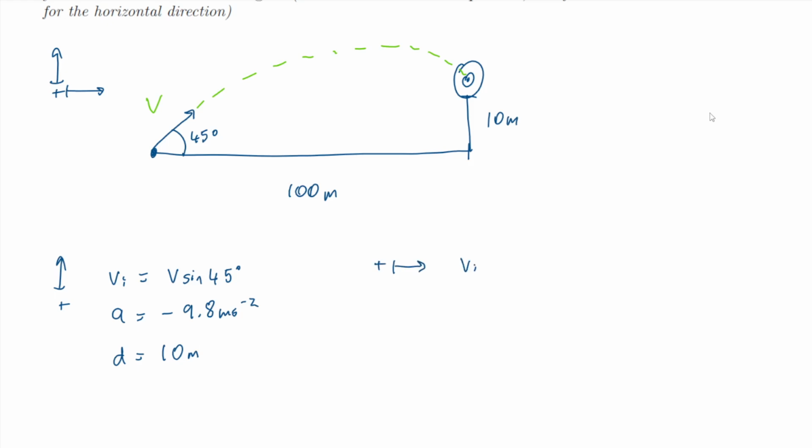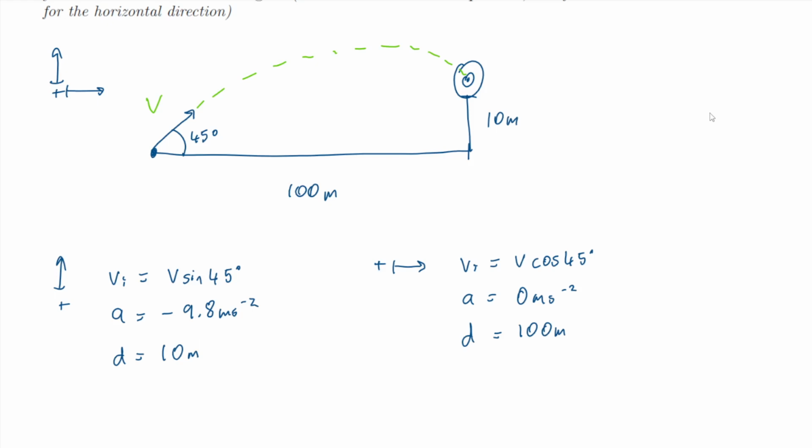Okay, now let's have a think in the horizontal direction. Initial speed, like before, is v cos 45, which happens to be the same as v sine 45. Acceleration is conveniently 0, and distance is 100 meters to the right, so it's positive. Cool.